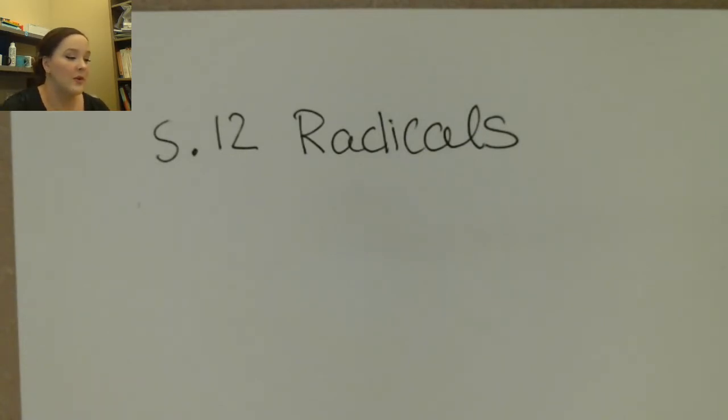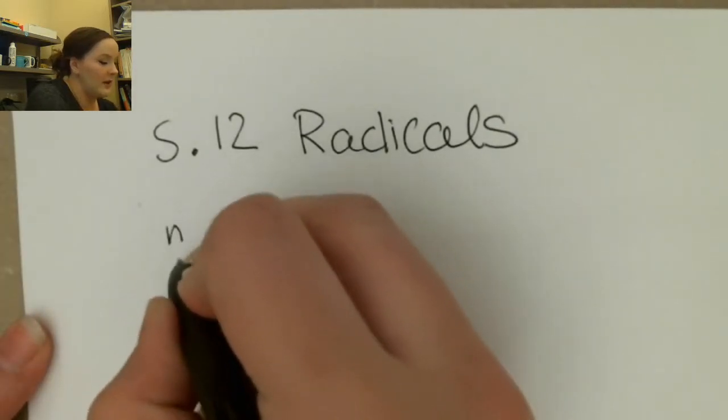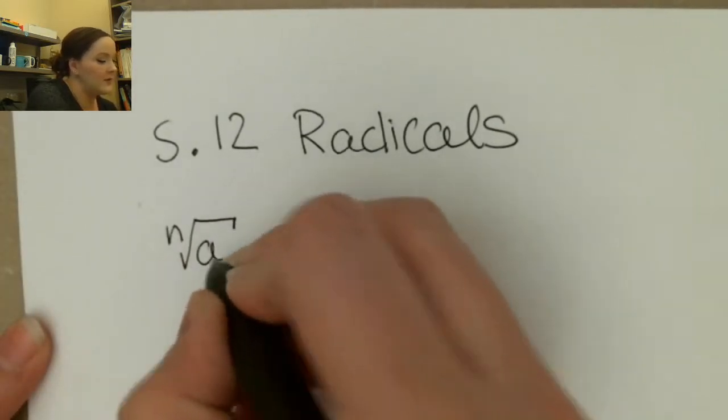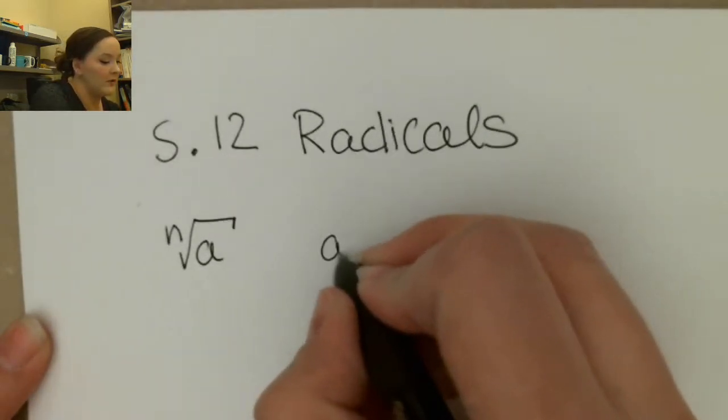Okay, so the first thing I want to do with radicals is remind you of how the notation works. If you have an expression that looks like this, remember the entire expression is called a radical.